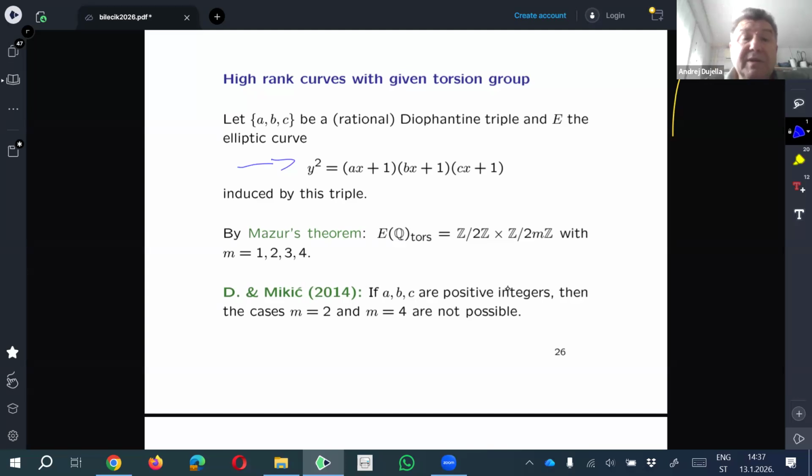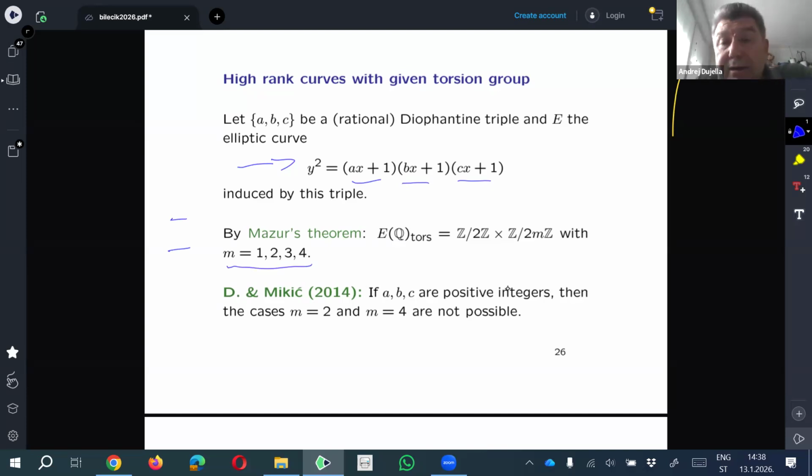By Mazur's theorem, since we have 3 points of order 2, only the second row can appear in Mazur's theorem, which had 2 rows. So we cannot have a cyclic group if we have 3 points of order 2. So in principle, these 4 possibilities can appear.